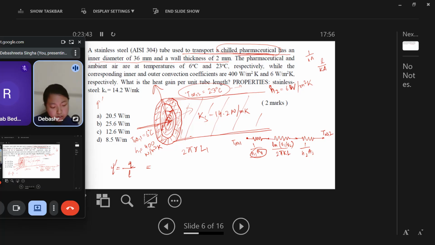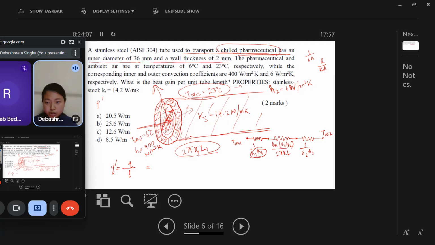But for simplification, just now while solving this problem, you have to break down this A. How can you directly calculate the area? You have to write the formula for area, 2 pi r into L. So for A1 it will be R1, for A2 it will be R2.